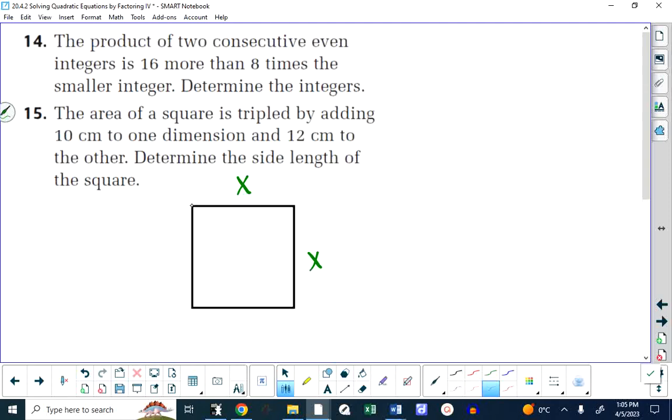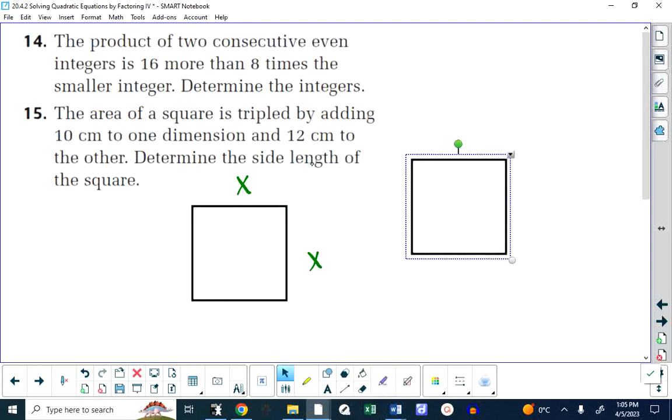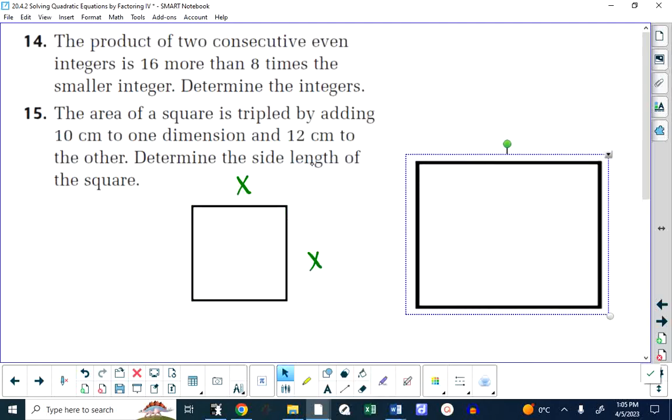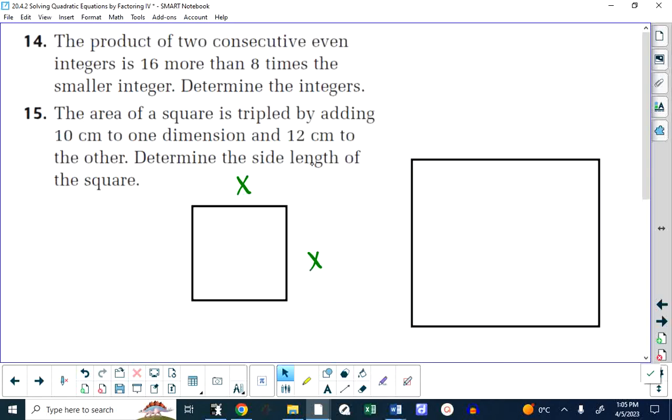Is it clear it's not going to be a square anymore? It's going to be a new shape. This is not going to be drawn to scale, okay? Because quite frankly, I don't know what x is.